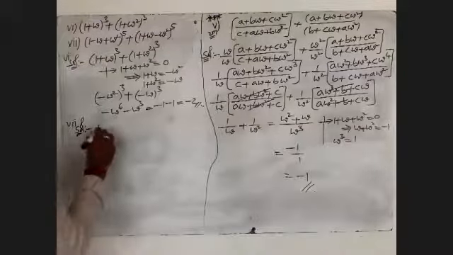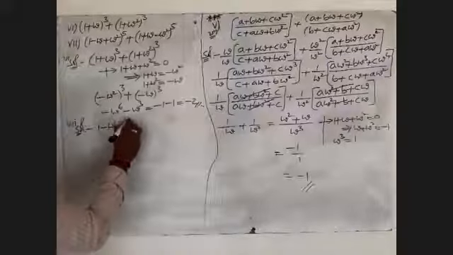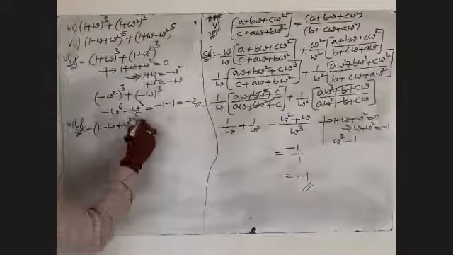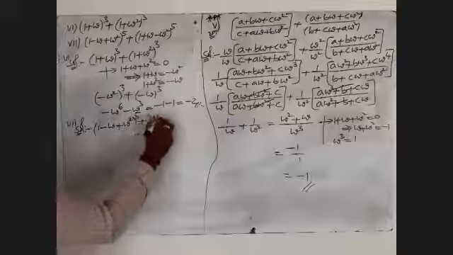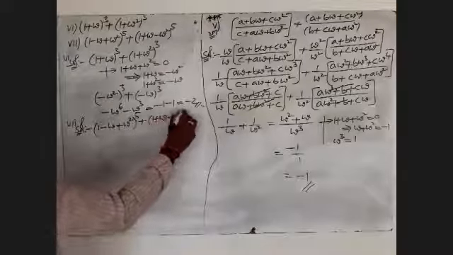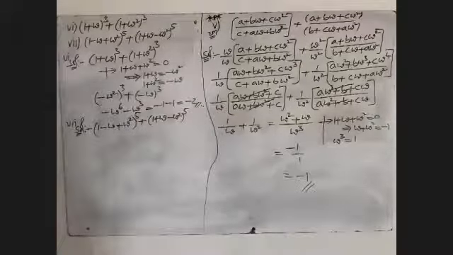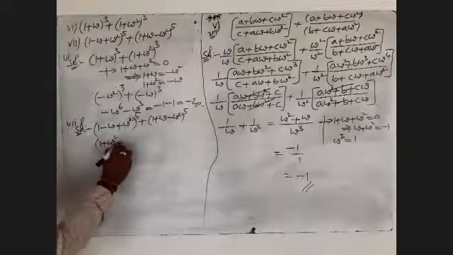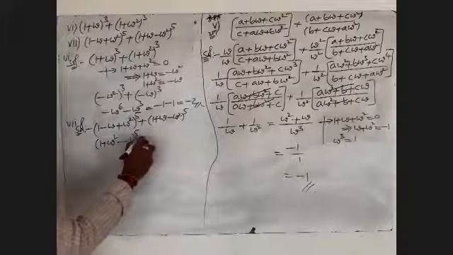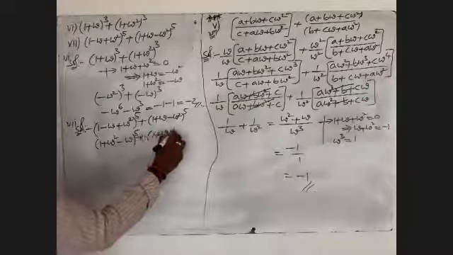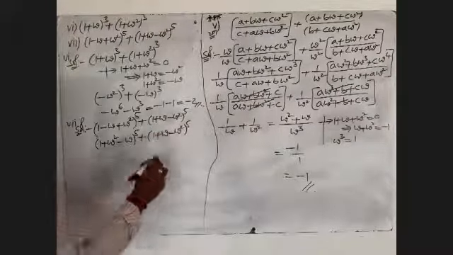What is asked in this one: 1 minus omega plus omega square whole power 5 plus 1 plus omega minus omega square whole power 5. Here I write the positive values first. That means 1 plus omega square minus omega whole power 5 plus 1 plus omega minus omega square whole power 5.